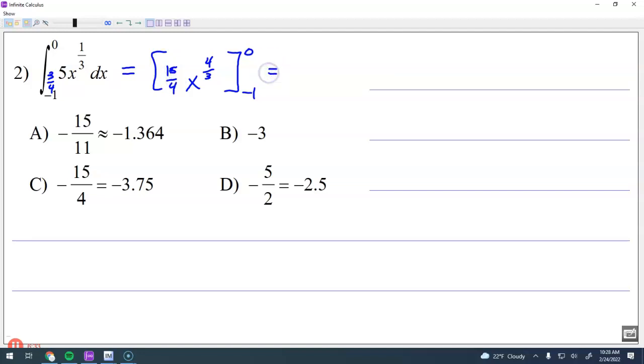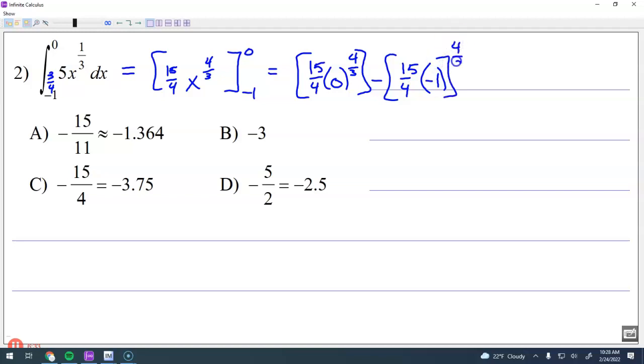So then that becomes 15/4 times plug in the top to the 4/3 minus plug in the bottom to the 4/3. And the 0 is nice because 0 to any power is just 0, so that goes away. And then you have a negative here.